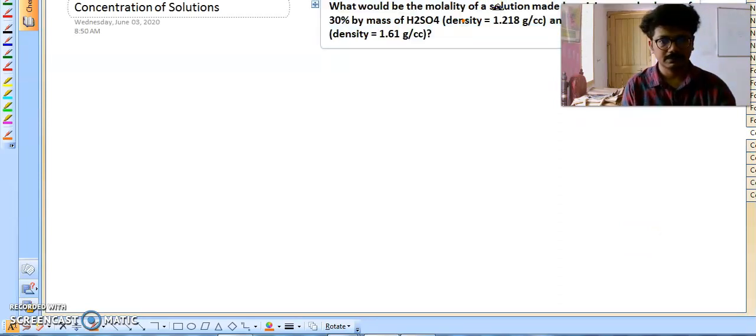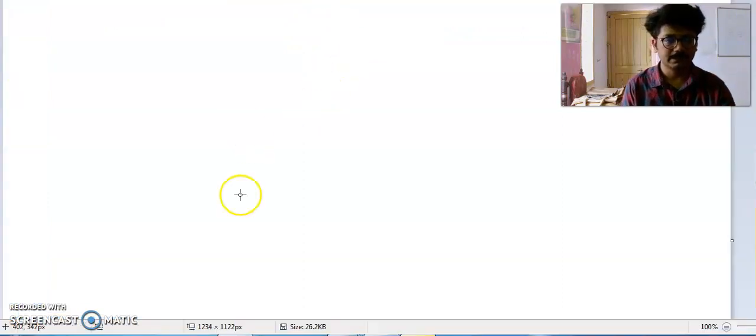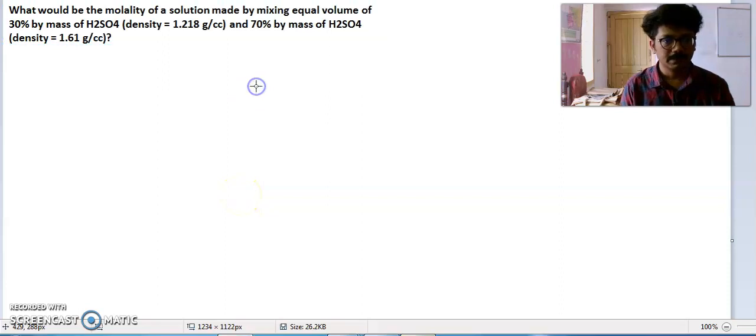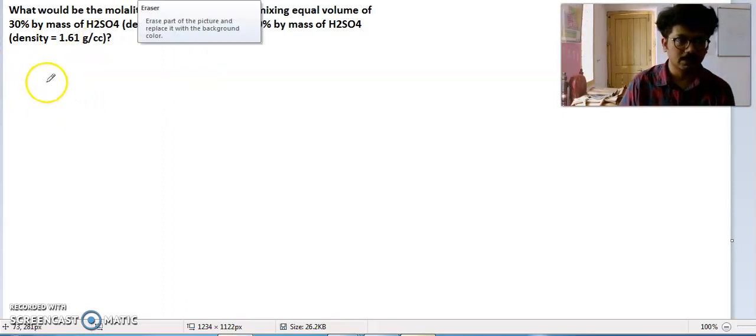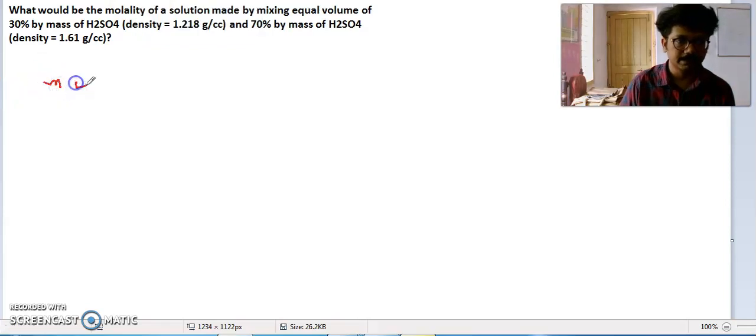Now this is an amazing numerical. Let's see what it is. What would be the molality of a solution? So you are asked to find the molality of a solution. The molality formula is W2 multiplied by 1000 divided by M2 into W1.